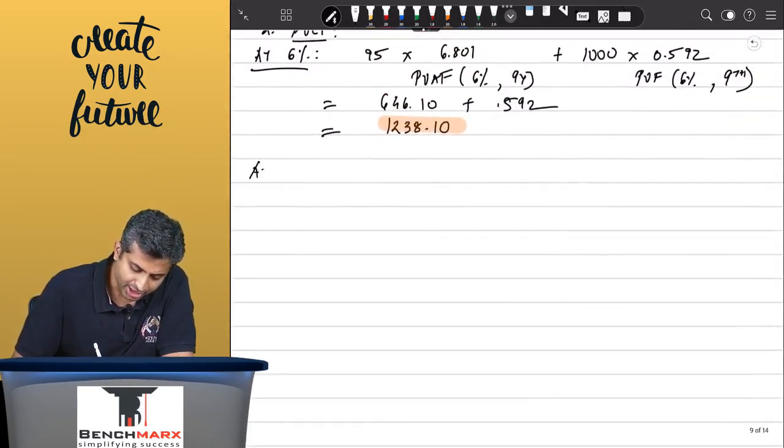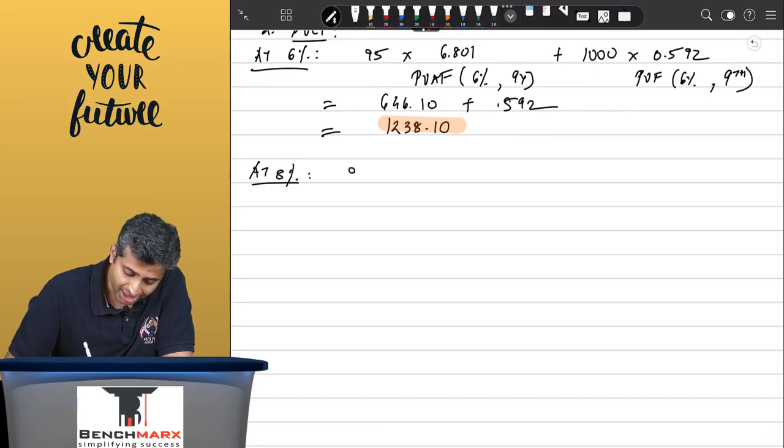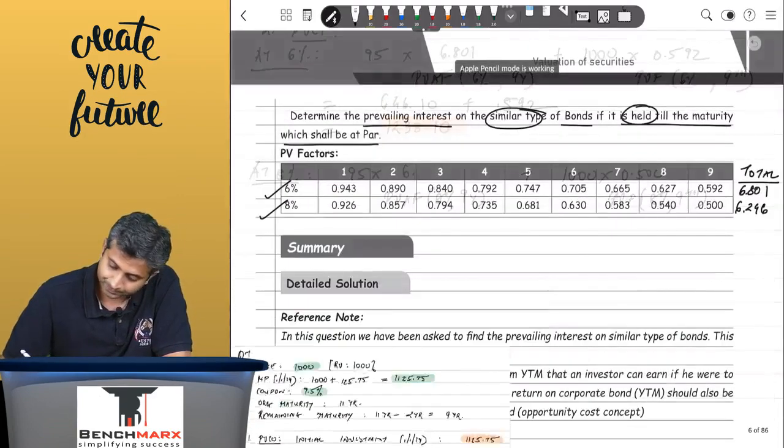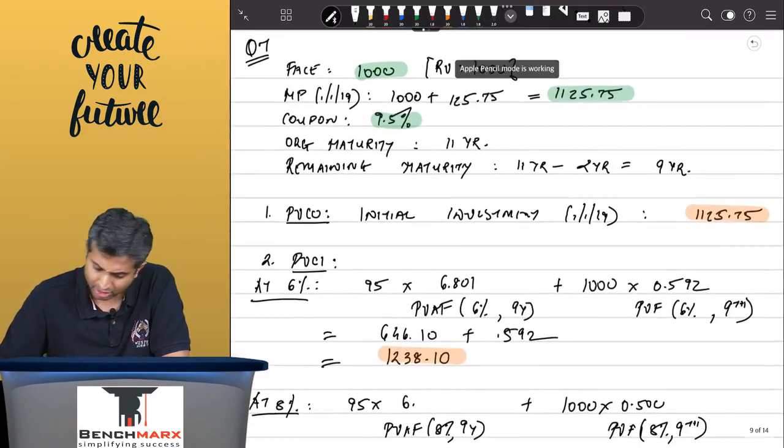So this is, let us say, at 8%. Over here we will say 95 into present value annuity factor at the rate of 8% for a period of 9 years plus 1000 into the present value factor at the rate of 8%, let us say, for the 9th year. This is 0.500 and this is 6.246.